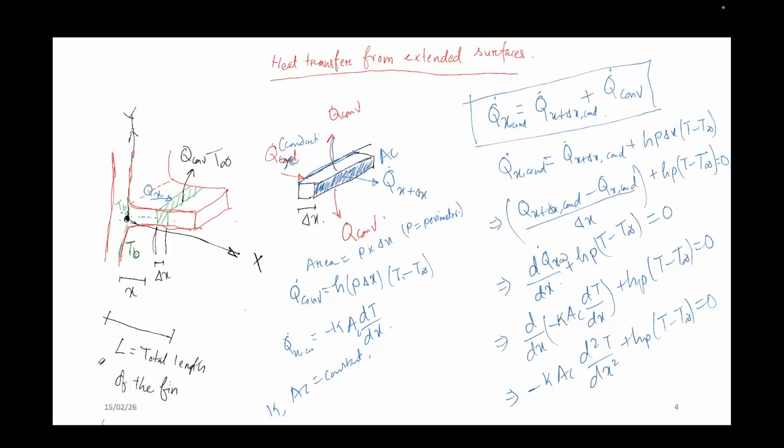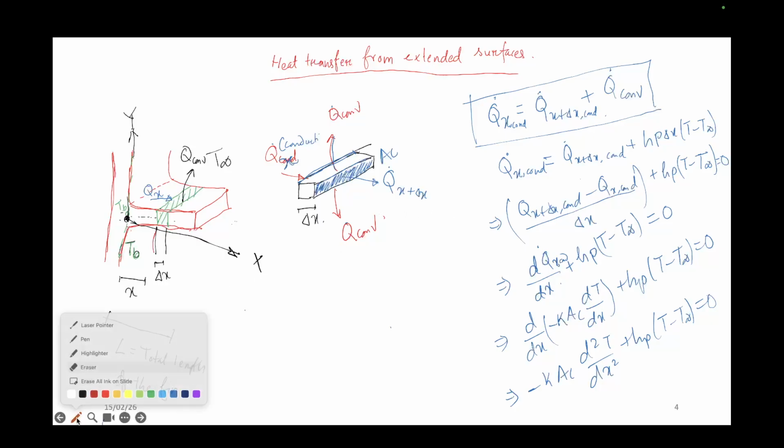So I am erasing a few parts of it. So I consider k and Ac as constant. Ac is the area of conduction. Remember this difference between the areas. One area is the area due to convection and another area is the area due to conduction. So the convection and conduction areas may be the same, may not be the same.